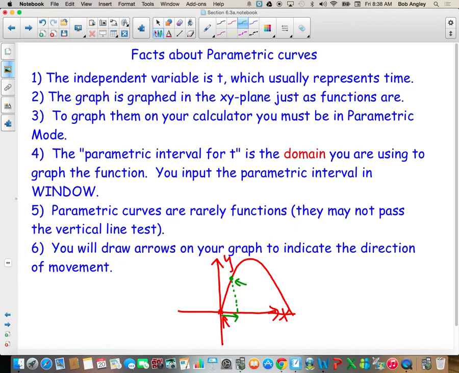Okay, so basically what we want to know when we use parametric, where t is going to represent time, we want to know where it's at as far as like height and distance away from this point, horizontal distance, as a function of time. So at time 0, he's still on the launching pad right there.